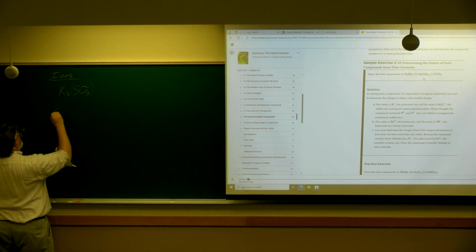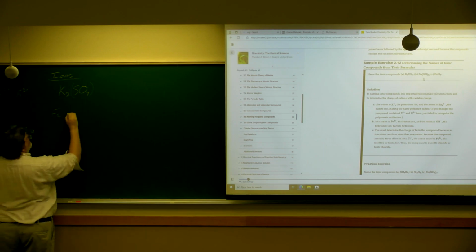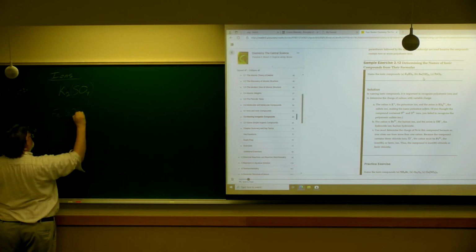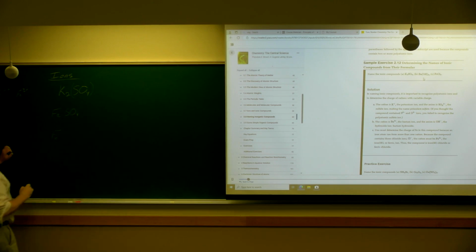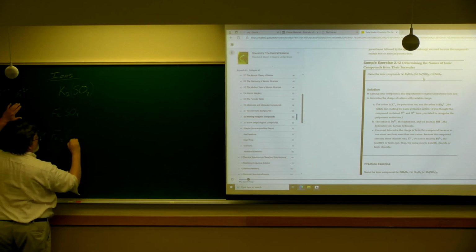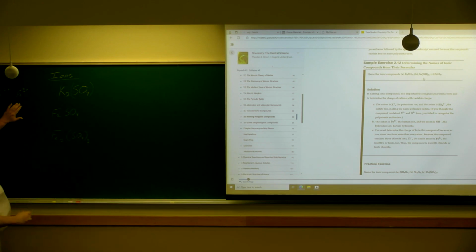If I had, so you can have Fe2 plus and you can have Fe3 plus. Let's say I had this. Let's say I also had 2 plus 3, so this is going to have to be 2. What would you call this? Iron sulfate.